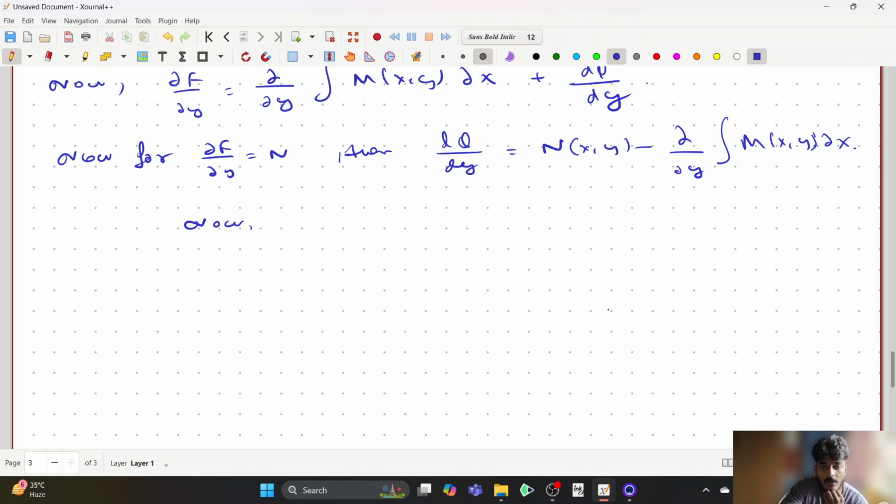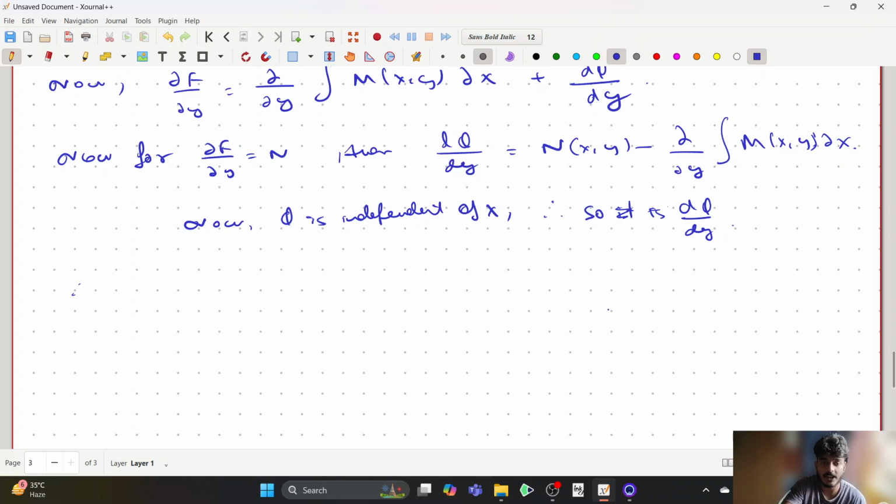Now what do we have? Phi is independent of x. Therefore, so is its derivative with respect to y. Now, if the left hand side of this equation is independent of x, the right hand side must also be independent of x. For the right hand side to be independent of x, its partial derivative with respect to x must be 0.